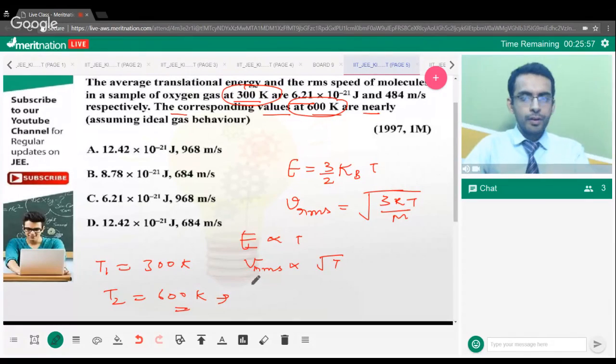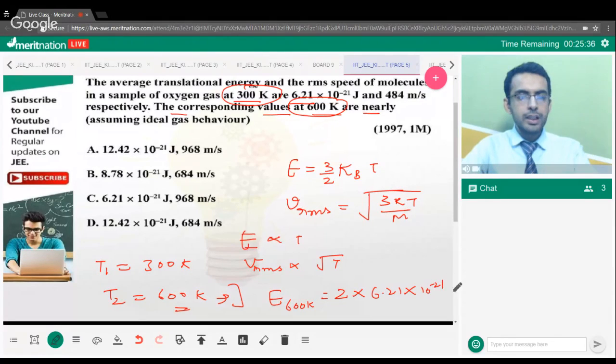So E new, or you can say E at 600 Kelvin, will be equal to twice the given value, 2 into 6.21 into 10 raised to power minus 21 joules. So what is the answer? You can see it's 12.42 into 10 raised to power minus 21 joules.